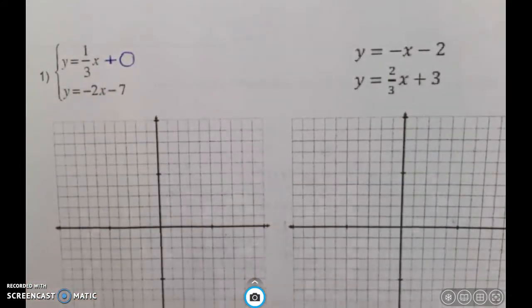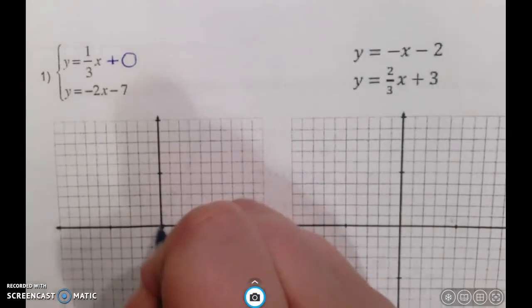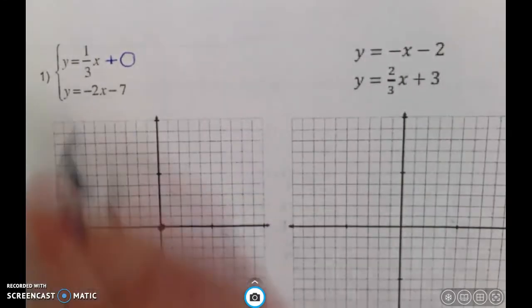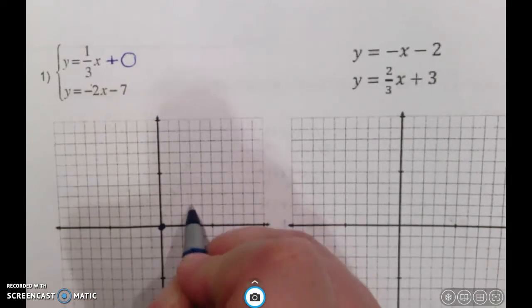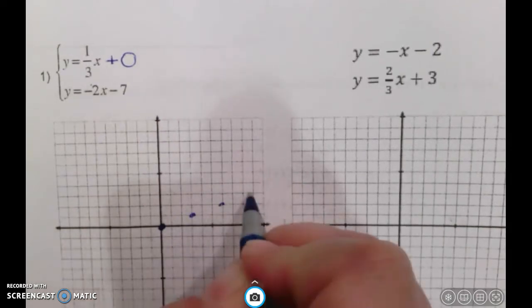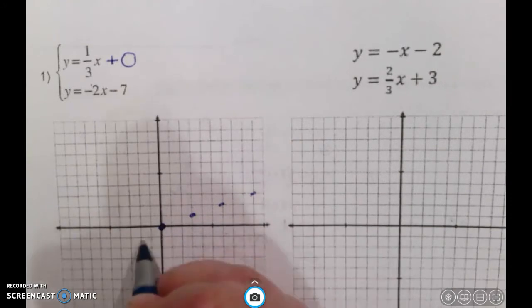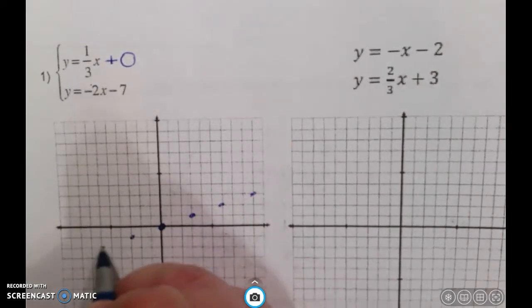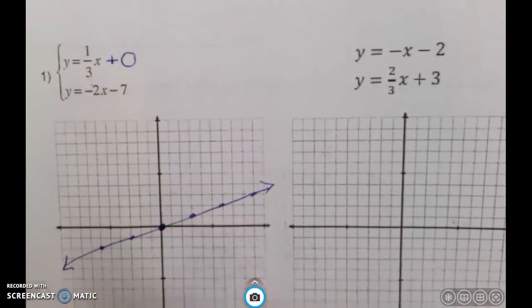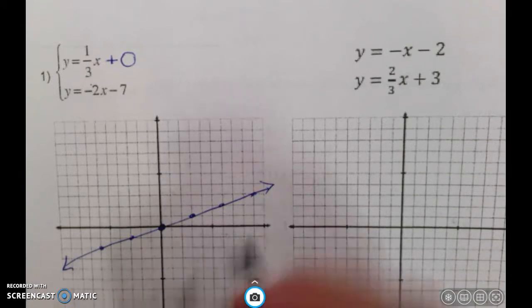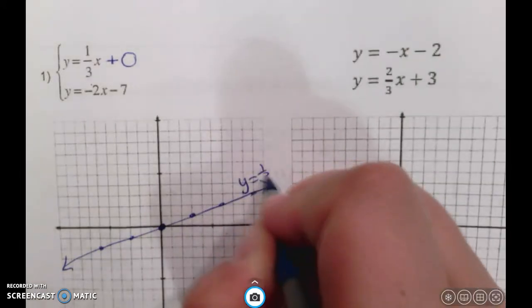So I'm going to graph the top equation by putting my y-intercept on 0, and my slope is 1 over 3. So I'm going up 1 and right 3. Up 1, right 3. You also can go down 1 and left 3. Okay, when all said and done, if your slope is positive, you want to make sure as you read your graph left to right that your graph is increasing. So this is the graph of y equals 1/3 x.